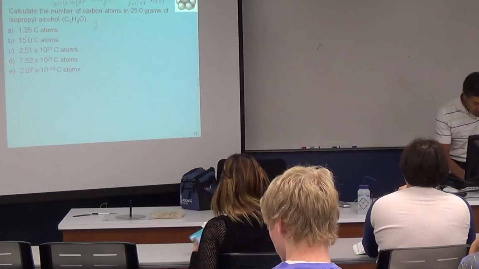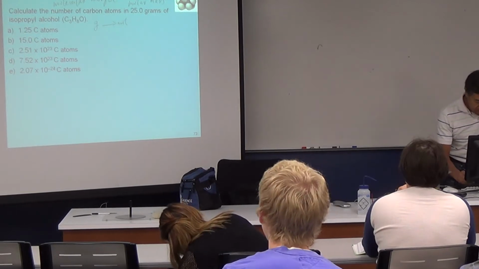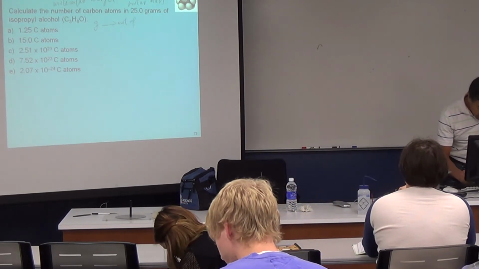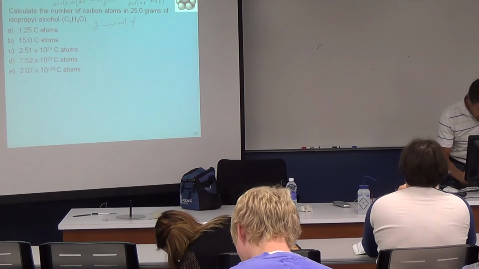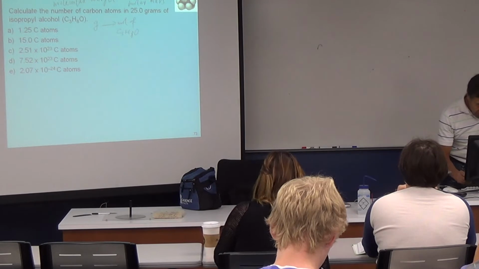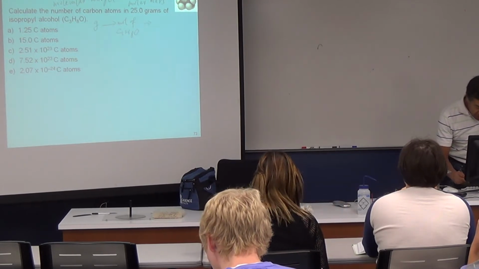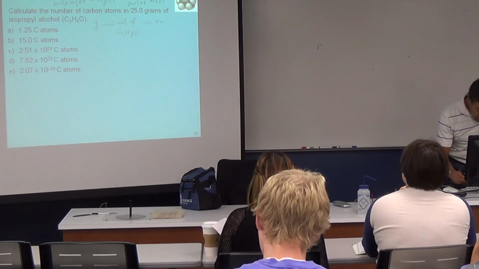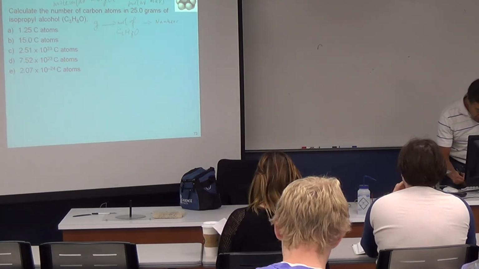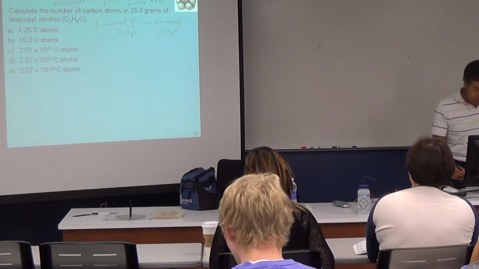You start with grams, and you convert into moles of the compound, the moles of C3H8O, and then you go from there, and you will get the number of C3H8O.